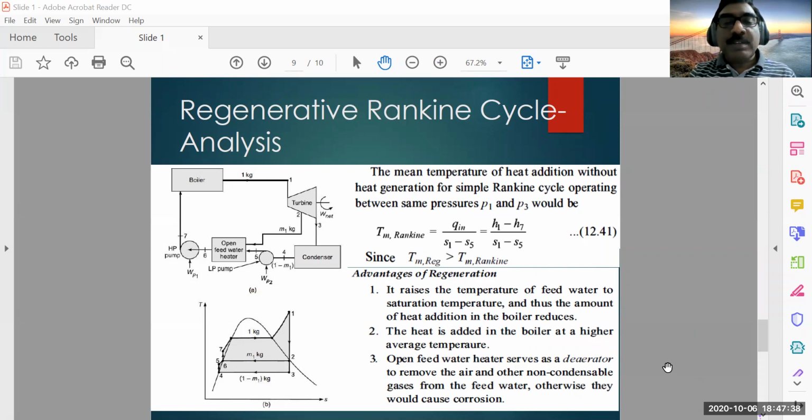Then you can easily solve any problem. So the concepts must be very clear to you, because how much fraction of steam is going directly to the feed water heater, and how much steam is going to the condenser, and how to apply the energy equations, you have to understand very clearly. Let us solve one problem in the next session.